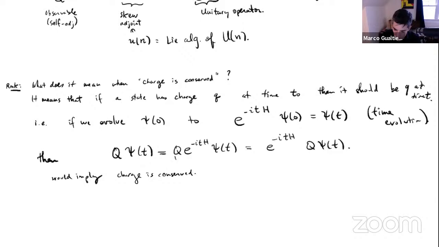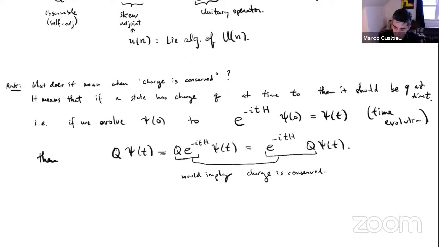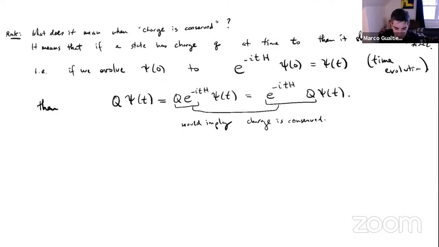The fact that these commute would imply that charge is conserved. So the lemma is that if the charge commutes with the Hamiltonian, then charge is conserved.